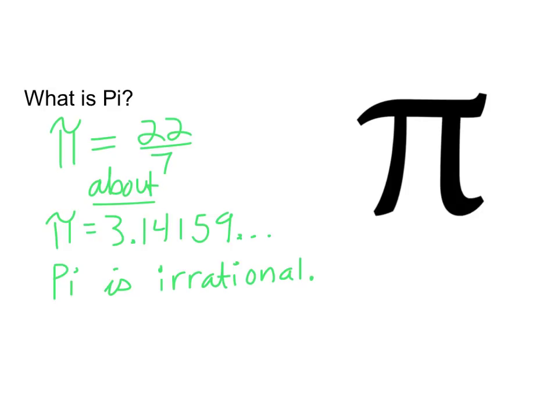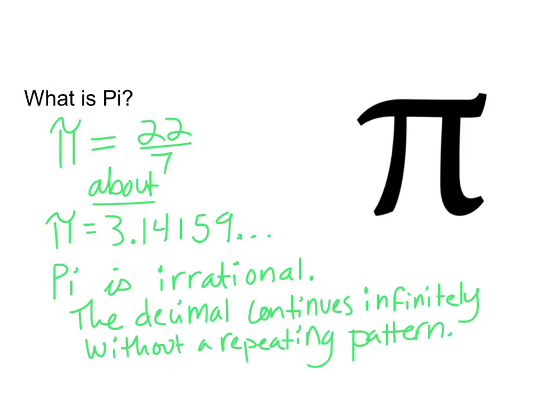It also means that the decimal continues infinitely without having any sort of pattern that can be repeated. That means that in order to find the next digit of pi, if you didn't have the list in front of you, you would have to do the math to find the next digit. You couldn't just figure out what it was based on the one that had come before.